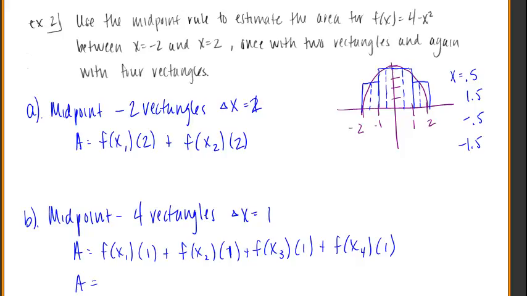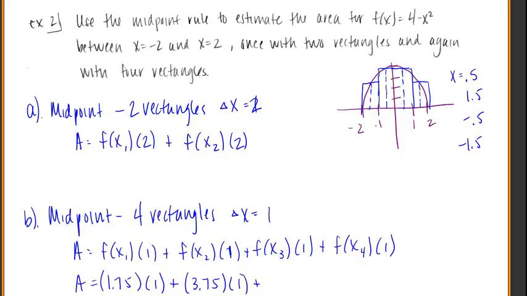And that's going to give us a height of 1.75. So that times 1. And then the midpoint of our second interval is at -1/2.